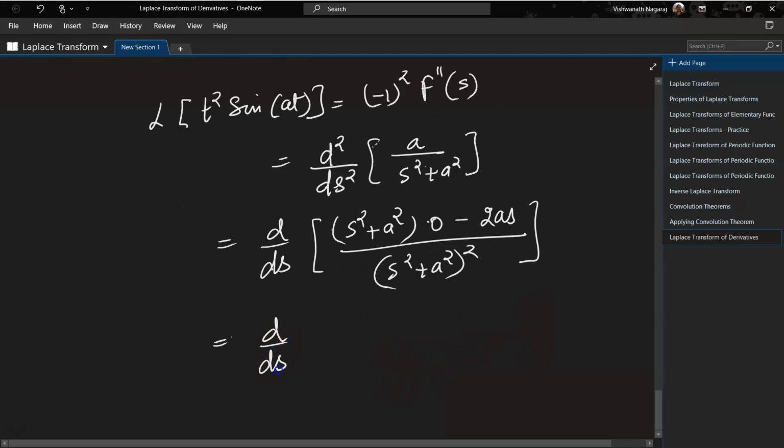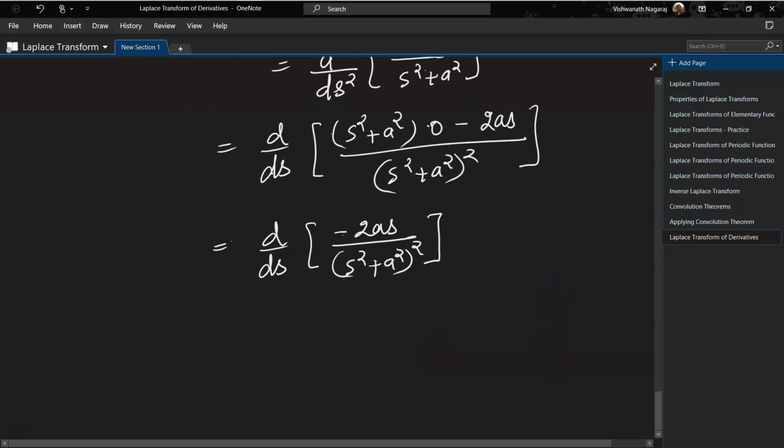Now differentiating this involves many steps.